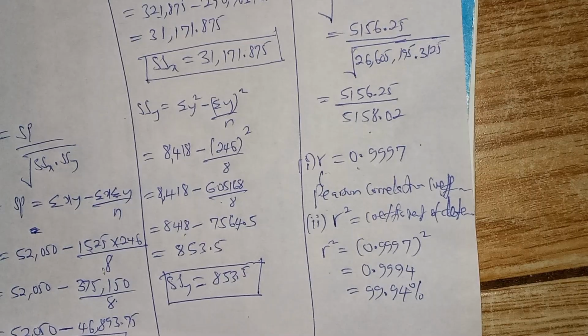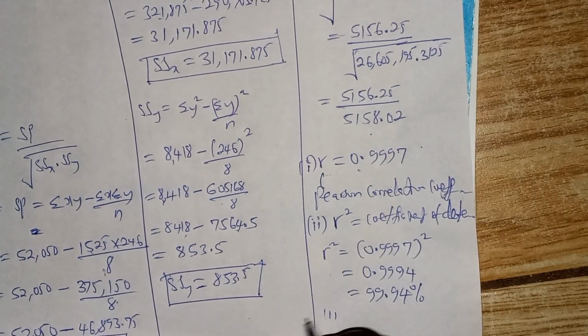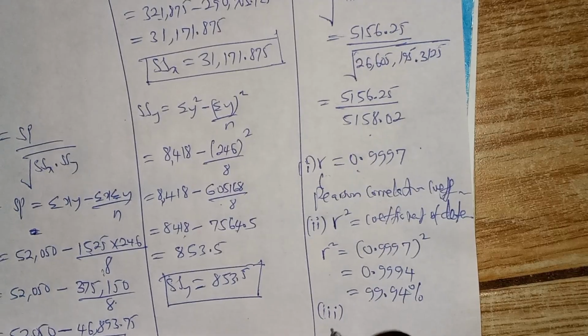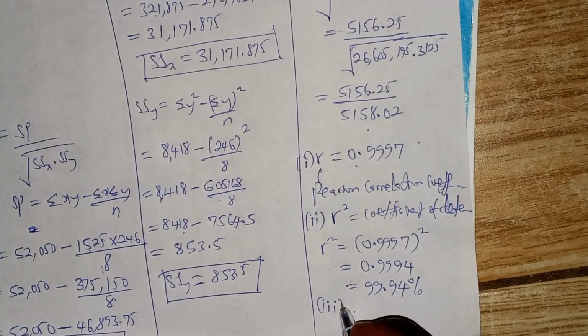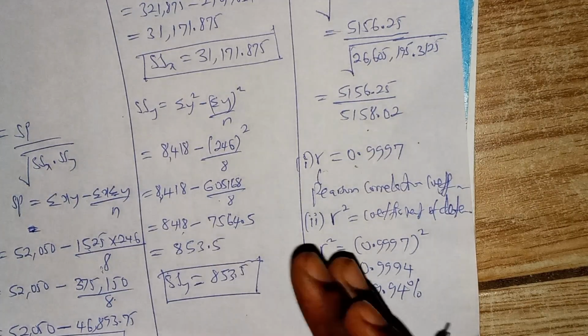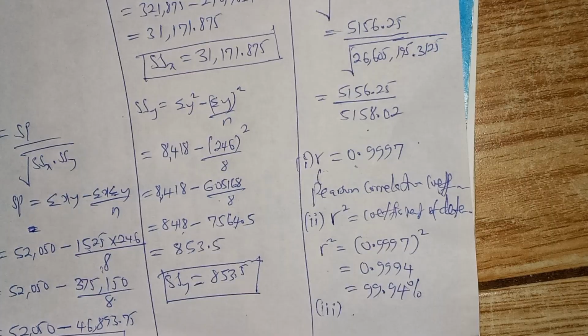Now we're trying to interpret, that is the last question. This is the interpretation. 99.94% of all variation in rice yield among the 8 farmers in Fufore, particularly in Ribadu irrigation scheme, is explained by the quantity of fertilizer they applied.